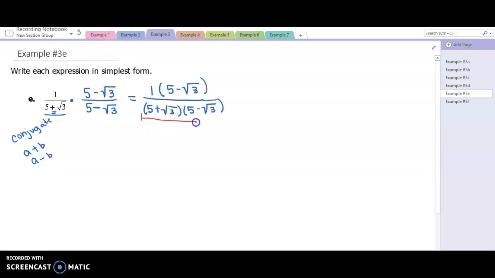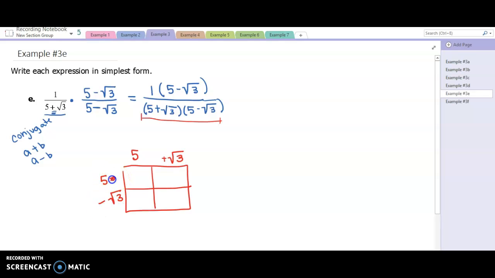So if I want to work this out down low, I'm going to put it in the box. We have 5 plus square root of 3 and 5 minus square root of 3. So 5 times 5 is 25. 5 times square root of 3 is 5 square root of 3. 5 times negative square root of 3 is minus 5 square root of 3.